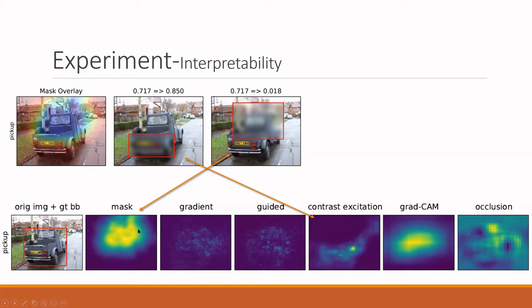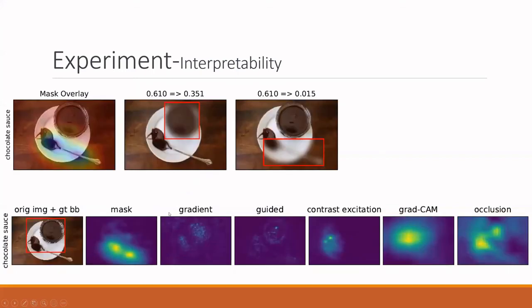So let's go to the second group of this experiment. In order to identify where the chocolate sauce is, as we humans see it, this cup is the chocolate sauce, but according to the proposed method, they are focusing on this spoon.